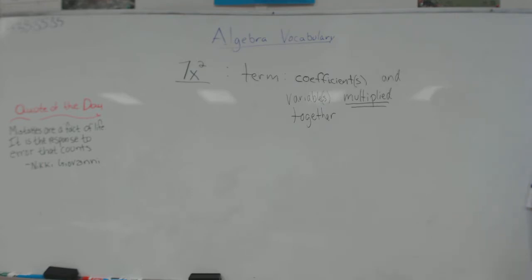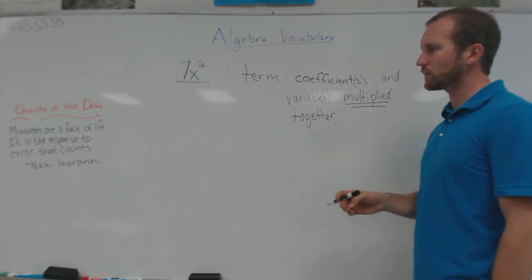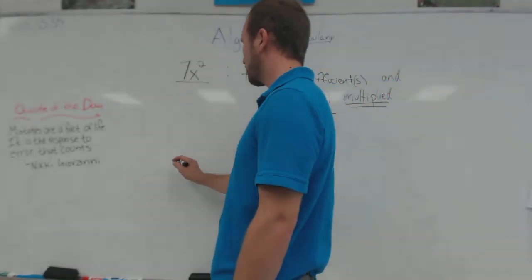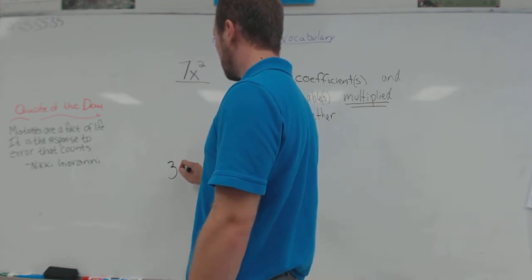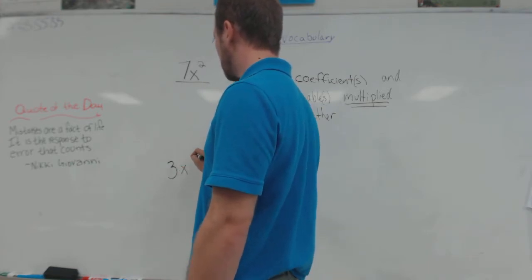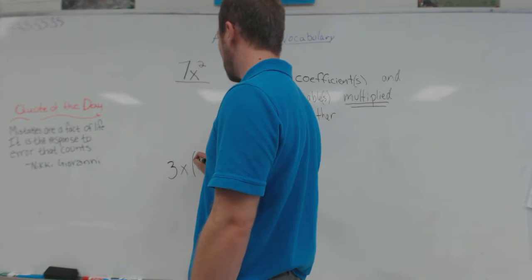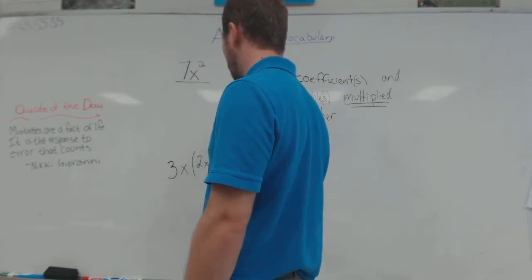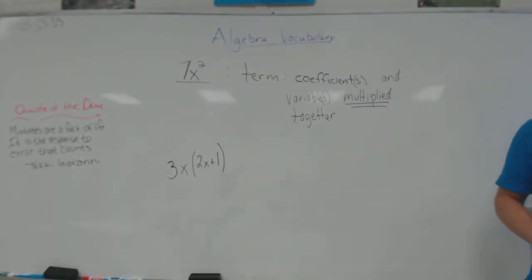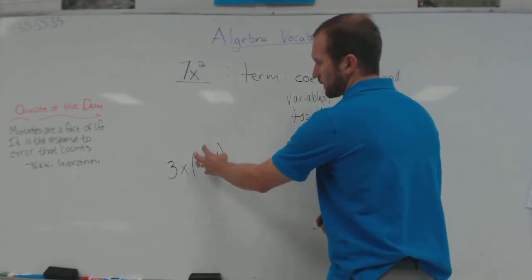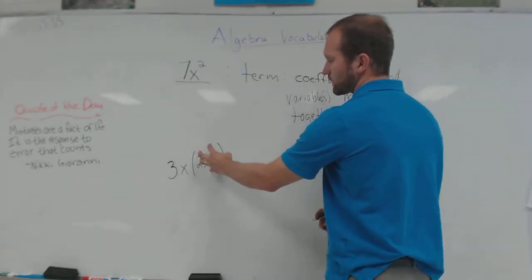But there is an exception to that, or it's not really an exception, but it's something that's going to look a little bit weird. What if I have 3x times 2x plus 1? When you see parentheses like this, you want to kind of think of that as one thing.